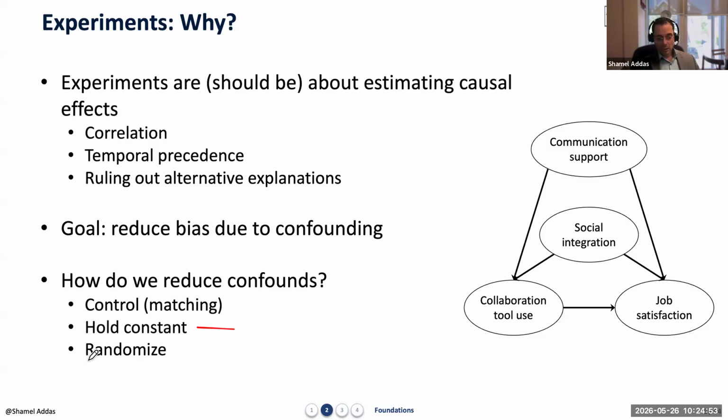So that's why a lot of times we use randomization, because it allows us to randomly assign participants to the two groups, one group that uses the collaboration tool, one group that doesn't.